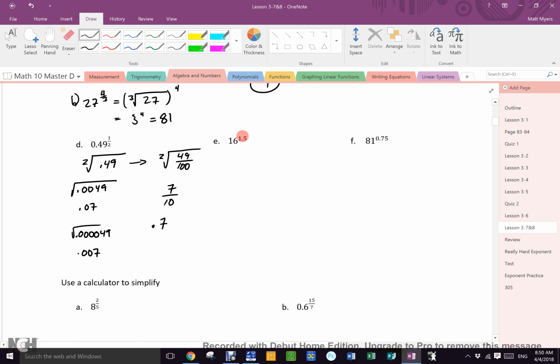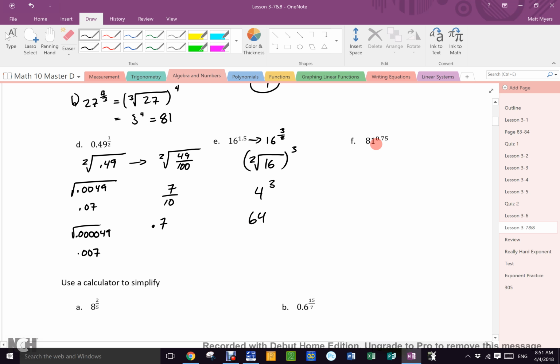What fraction is 1.5? 3 over 2. 16 to the 3 over 2. Do you know how to do that now? What do you do with the 2? Square root of 16 to the 3rd. What is the square root of 16? 4 to the 3rd, which is 64.